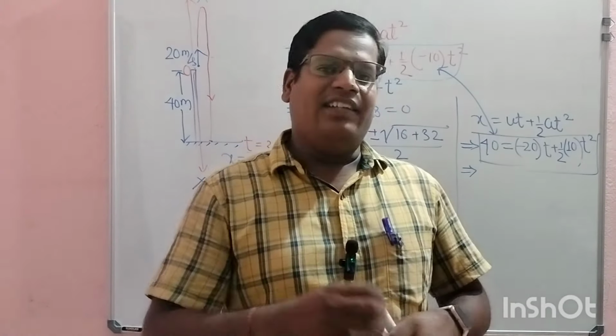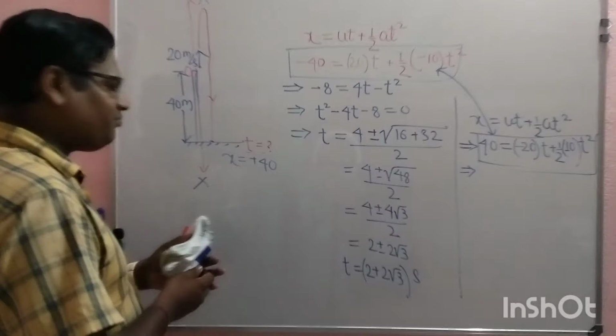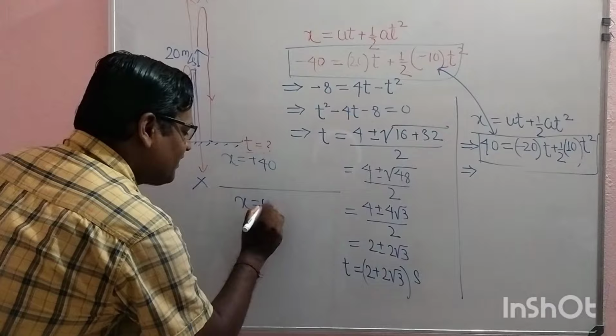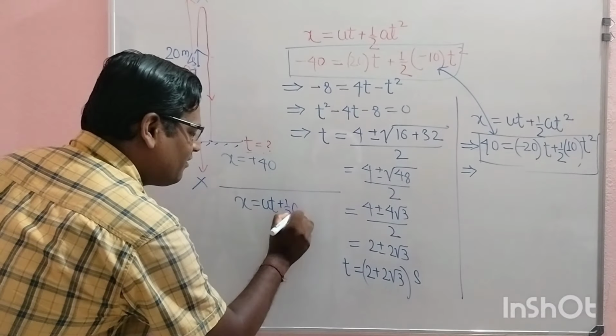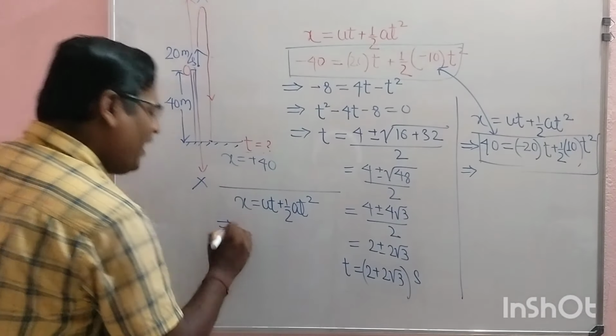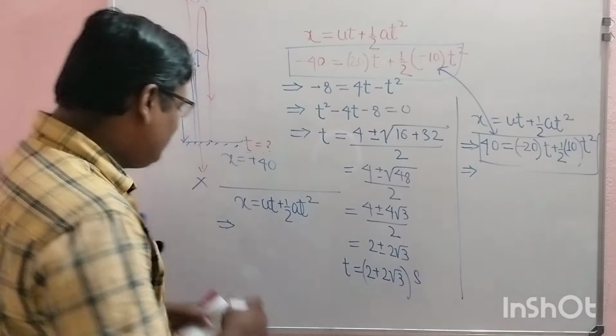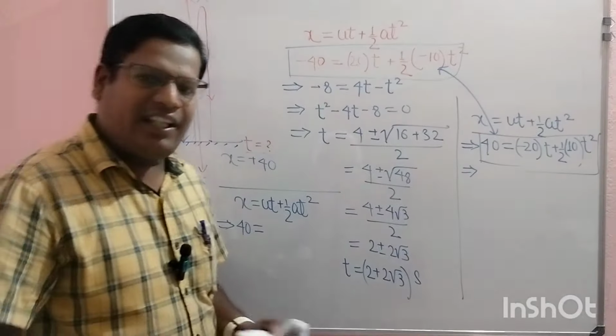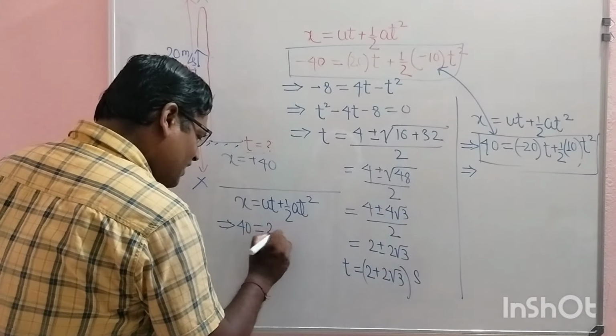For example, you see, this is another mistake which students make. Many times while solving the question, students will write it like this: x equal to ut plus half at square. And then while putting x, they won't think. They will just put it blindly as 40. While putting u, they don't think anything. They just put it blindly as 20.